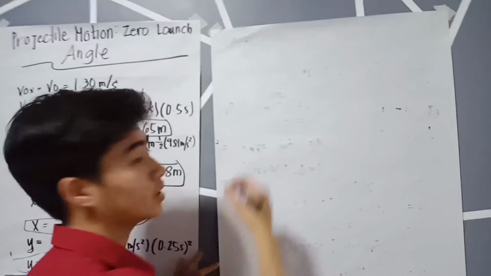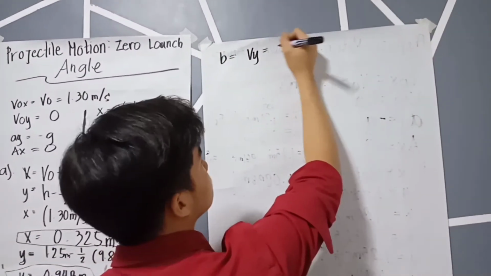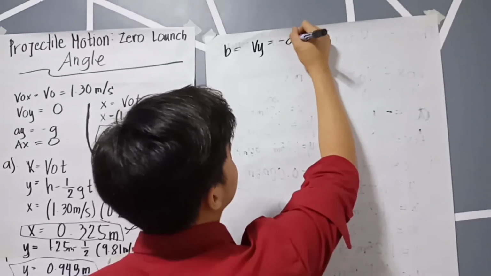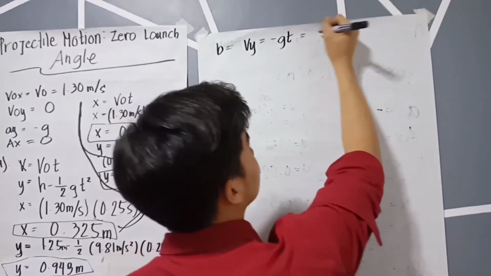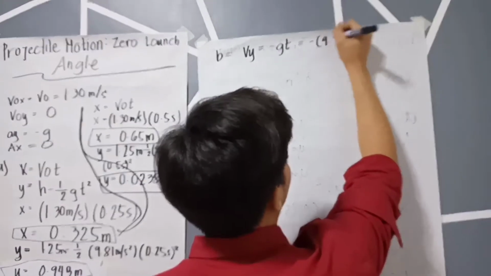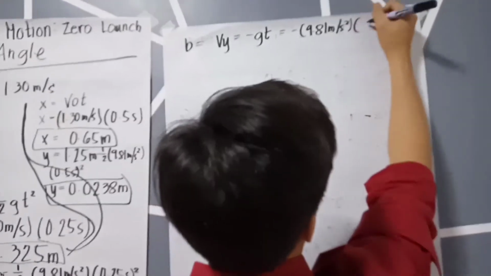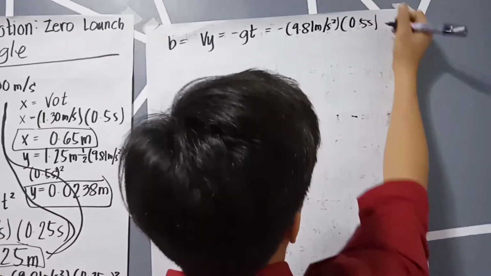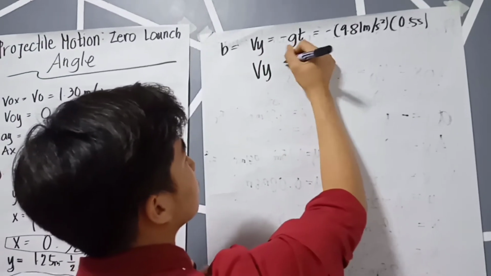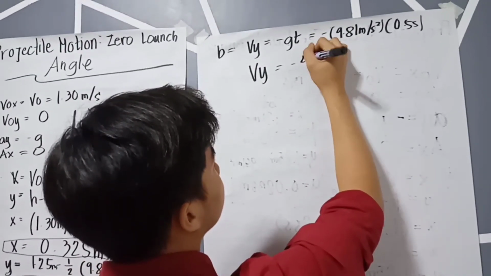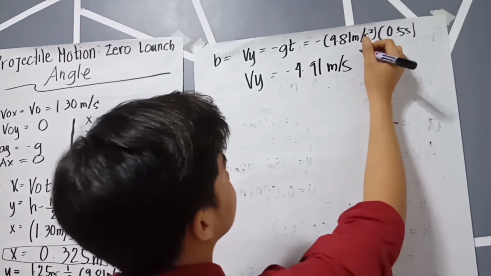And for v y, we have negative gravity times the time, which is negative 9.81 meters per second squared times 0.5 seconds. So by calculating, v y now is equal to negative 4.91 meters per second.